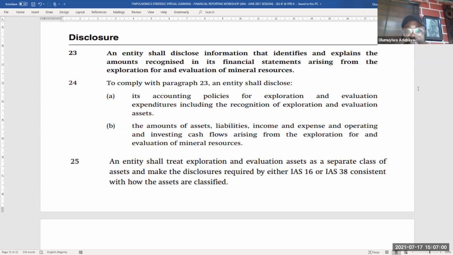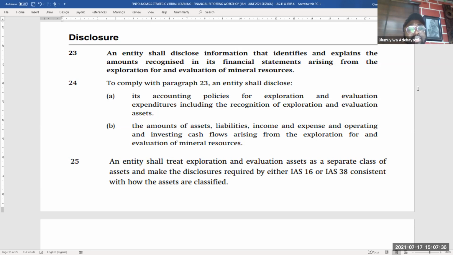Now, paragraph 23, in compliance with that, also requires us to disclose the following. One, the accounting policy you have adopted for your E&E expenditure recognition, including recognition of E&E assets, as the case may be. Also, you are expected to disclose the amount of that asset, associated liability, the income and expenses generated as a result of it, if any, and your operating and investing cash flow arising from your E&E activities regarding the mineral resource exploration.